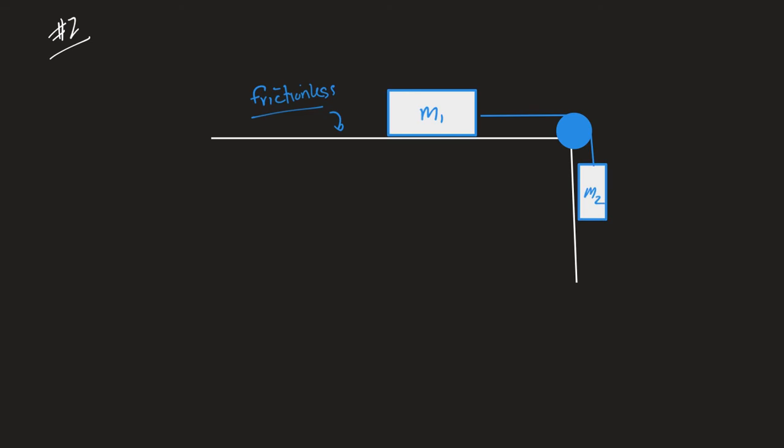However, a couple years ago, they had a problem that was similar. What they did instead was they put a situation that had I think a 10 kilogram block up here. And they had a situation with a 5 kilogram block here.